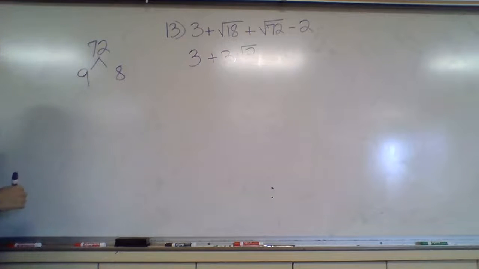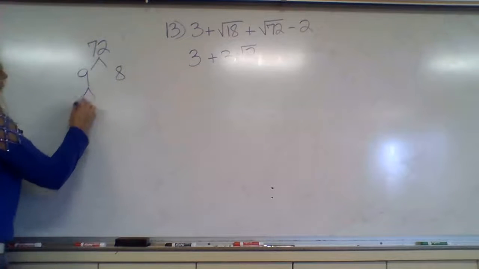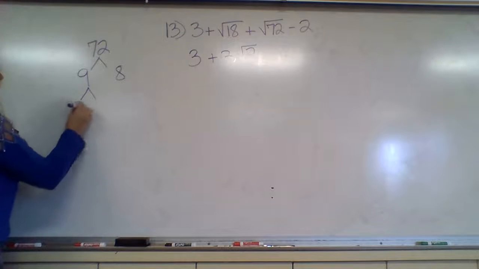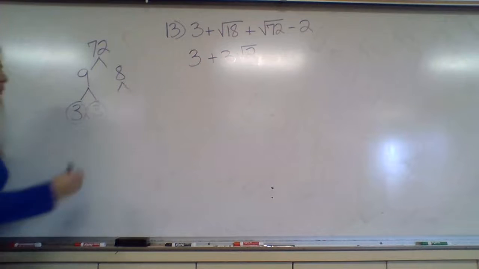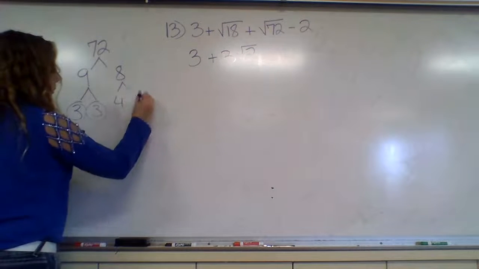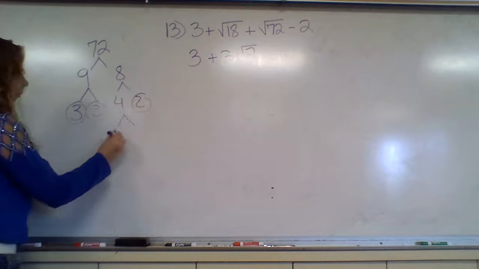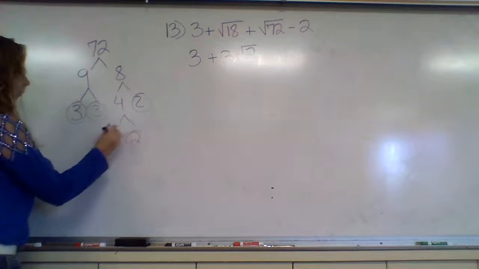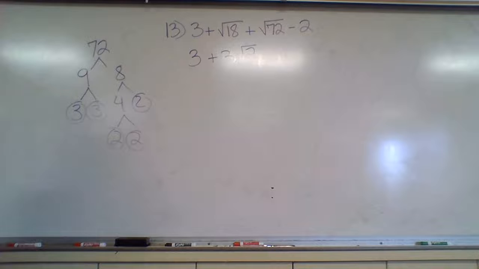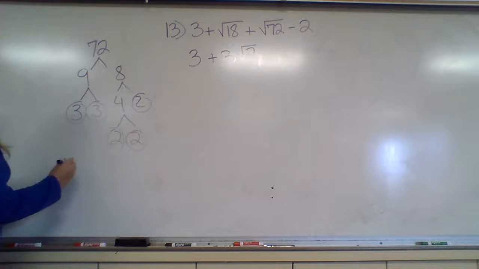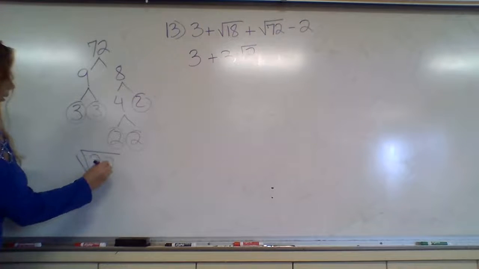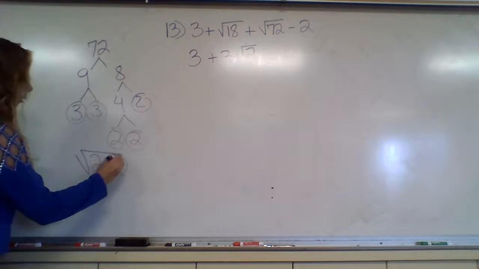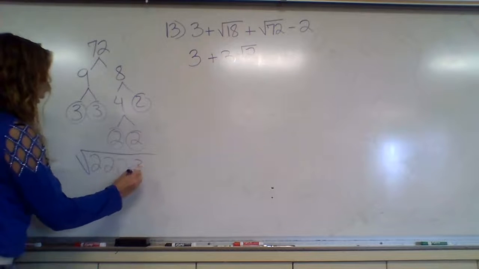Keep factoring until you get prime numbers. 9 is 3, 3. 8 is 4 and 2. All right, so you can rewrite the square root of 72 as, see, I have 3 2s and 2 3s. So 2, 2, 2, 3, 3.